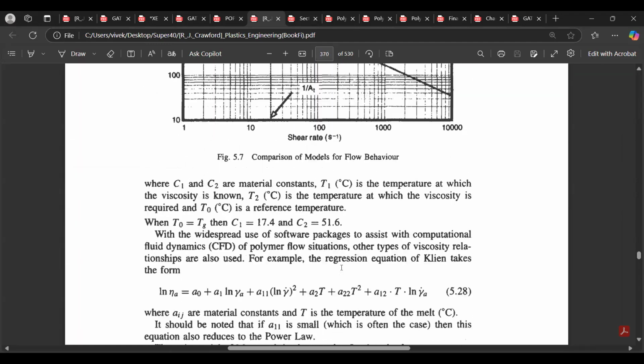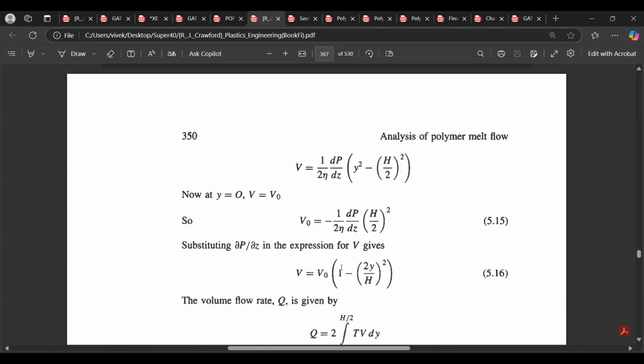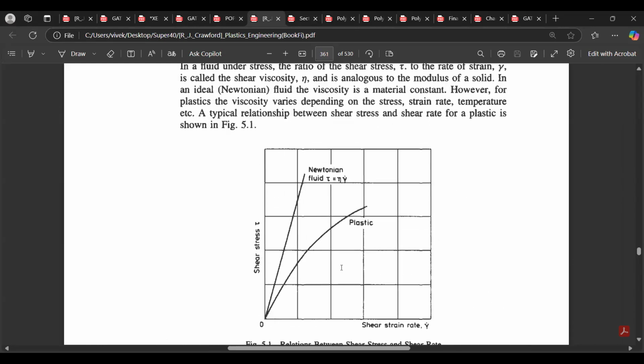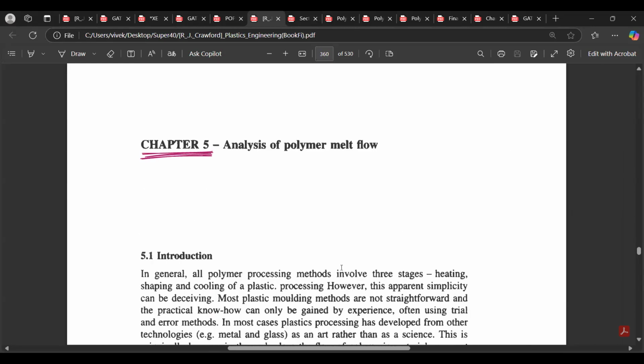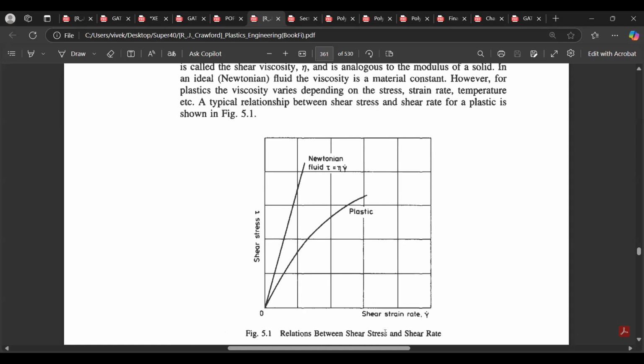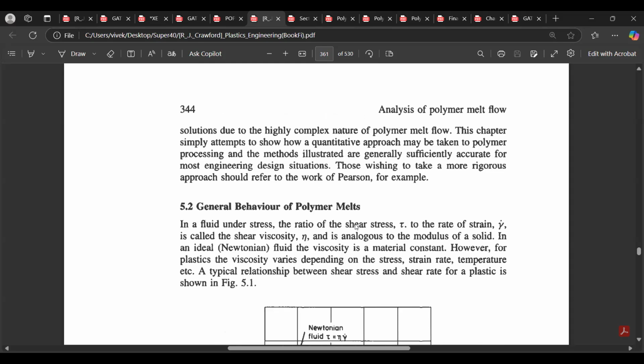If you read about the extruder or any flow, you have to read the analysis of polymer melt flow at any cost. This is very important, especially the flow in the extruder. They ask direct examples in the GATE exam, and also the basic understanding of the theory.